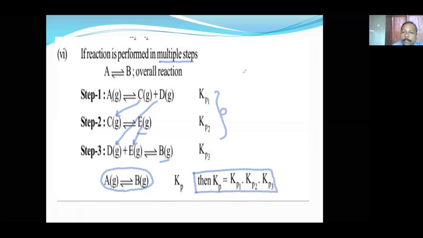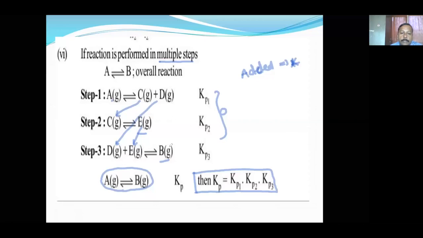Two things you remember: when two equations are added, the equilibrium constants will be multiplied. Understood? When they are subtracted, sometimes we have to subtract also, as we have studied in thermodynamics with Hess law, then the constants will be divided.